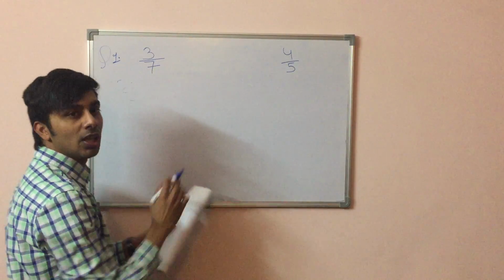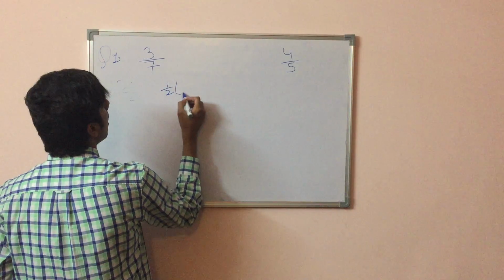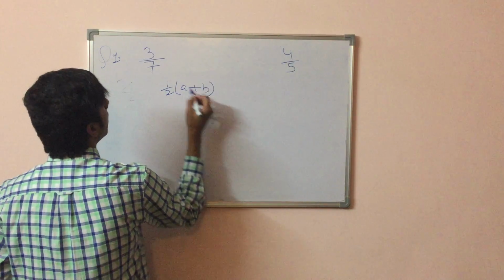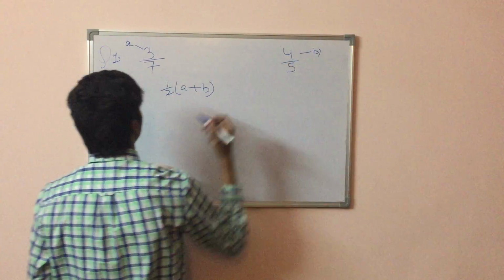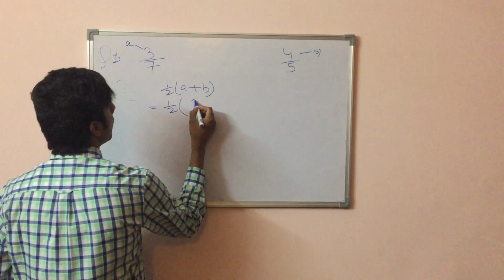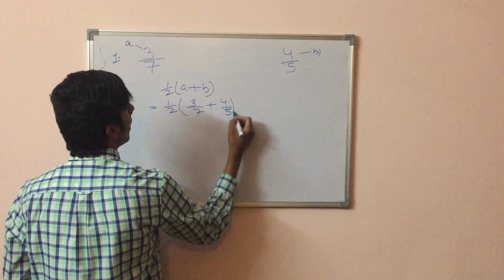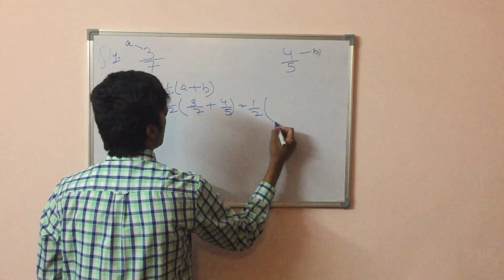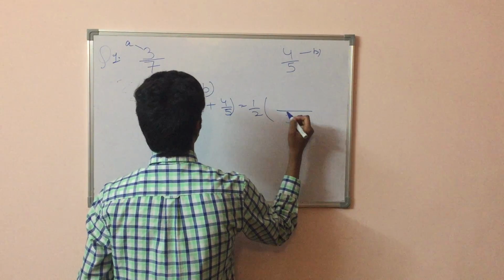So you have a formula for it. As I told you, the formula is half (a plus b). This is a and this is b, right? So half of 3 upon 7 plus 4 upon 5, which equals half of 7 by 35.